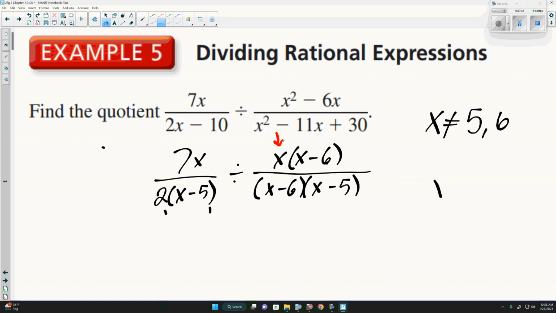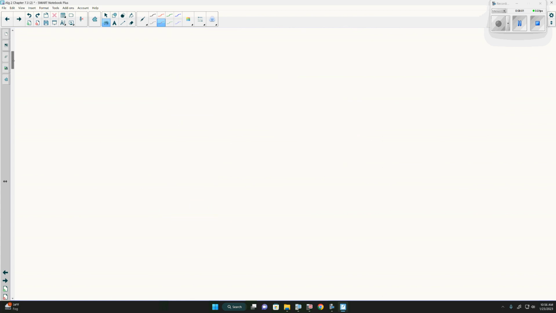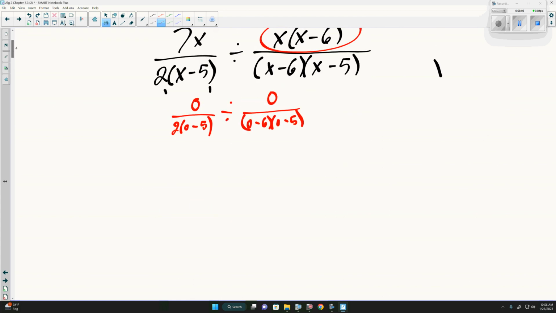Because if we have x is 0, this number here, 0 times this entire thing is going to become 0 over 0 minus 6 times 0 minus 5. 0 over 2 times 0 minus 5. If we plugged it back in, that is what we get.